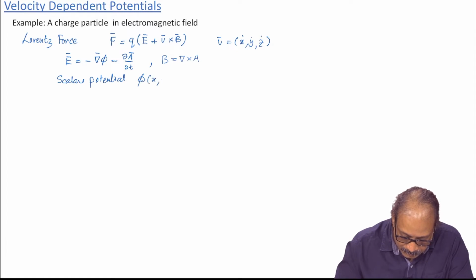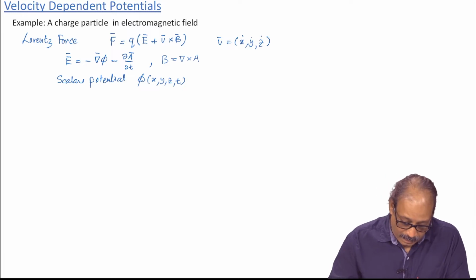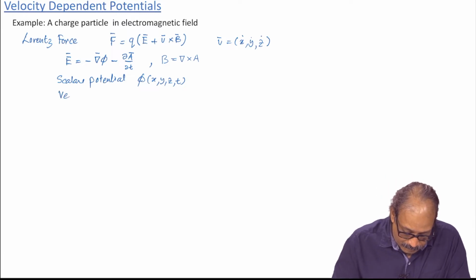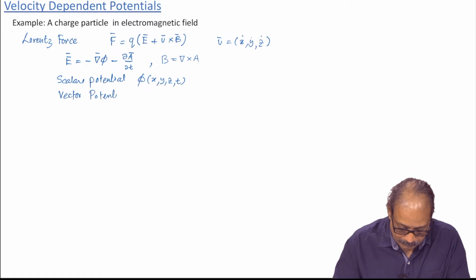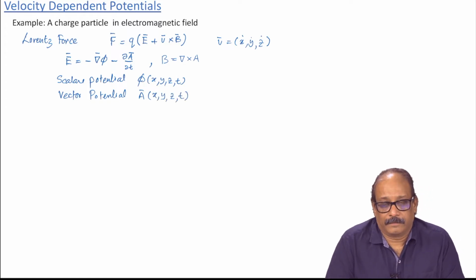This is of course a function of x, y, z and also t, and the vector potential, which we denoted by A, is also a function of x, y, z and t.